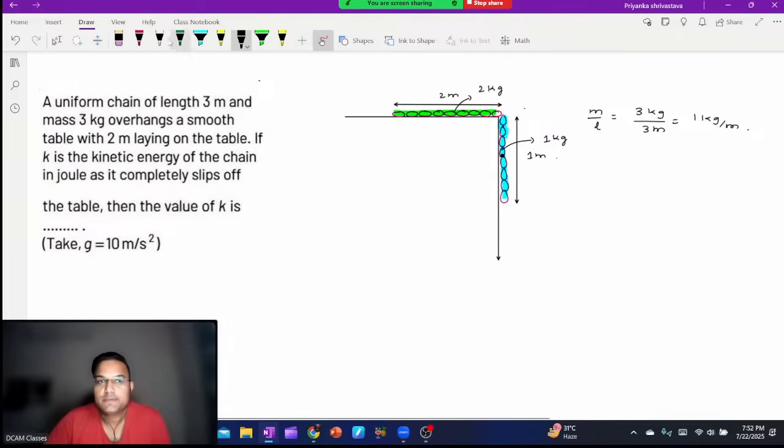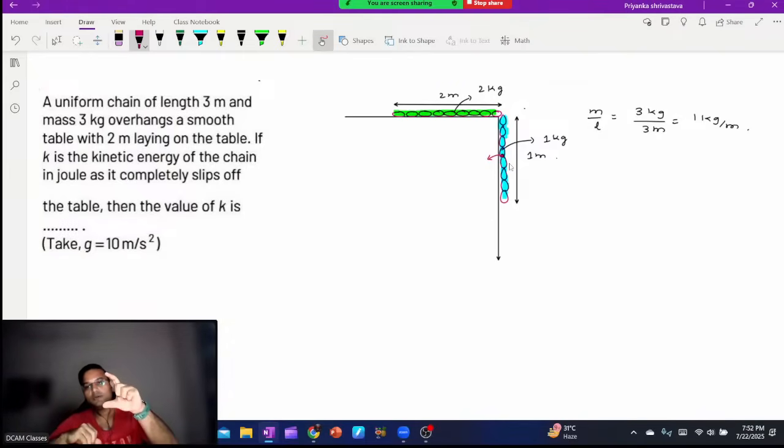One more thing, Haripriya: whenever you are trying to find the potential energy for the mass, you always consider the mass to be present at the center of the chain. Means the total mass, this is the concept of center of mass.